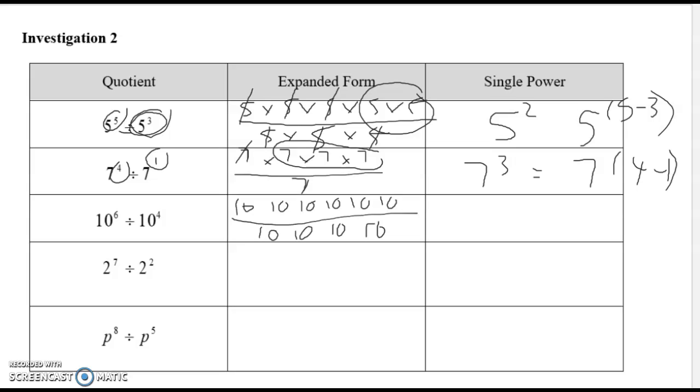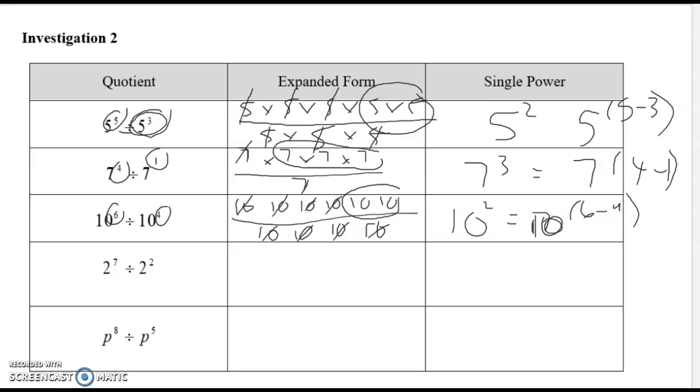It's all multiplied, and now we can cancel this top one with this bottom one, this top one with this bottom one, this top one with this bottom one, this top one with this bottom one, and we are left with 10 squared because there was 2 of them. Sorry, that was supposed to be a 10. We have 6 minus 4, and that gives us our 2.